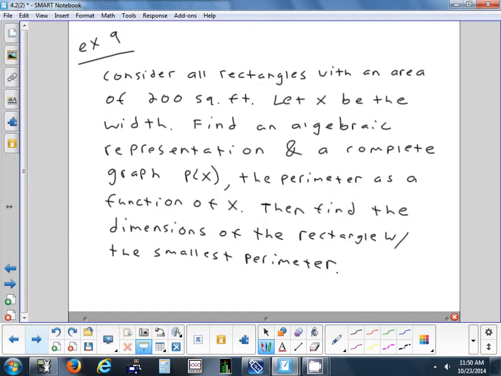After we do that, we'll use the graphing calculator to find the dimensions of the rectangle that would have the smallest perimeter. So you could think of this problem if you were building a fence, and you wanted to fence in an area that was 200 square feet, and you wanted to use the least amount of fence possible to do it. That's basically what we're doing in this problem.